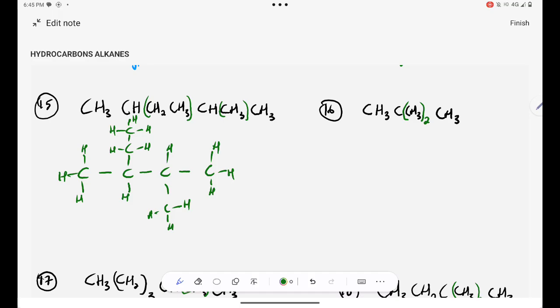The parent chain, guys, should have the most number of carbons. Are we together? And I must start numbering from the terminal closer to the side chain. So this will be carbon number 1, 2, 3, 4, and 5.